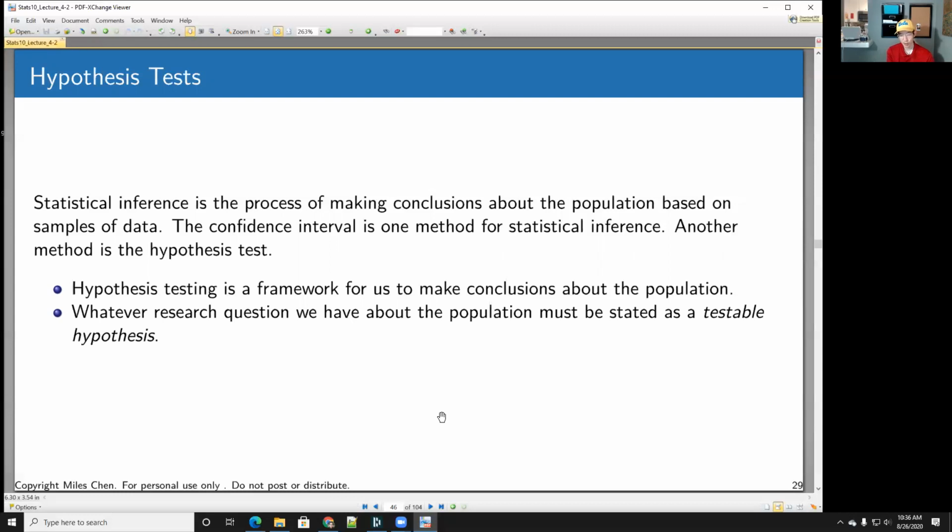So we might wonder, is a particular drug effective at treating a disease? We've got to turn that question into a statement that we can test, and I'll show you how to do that.